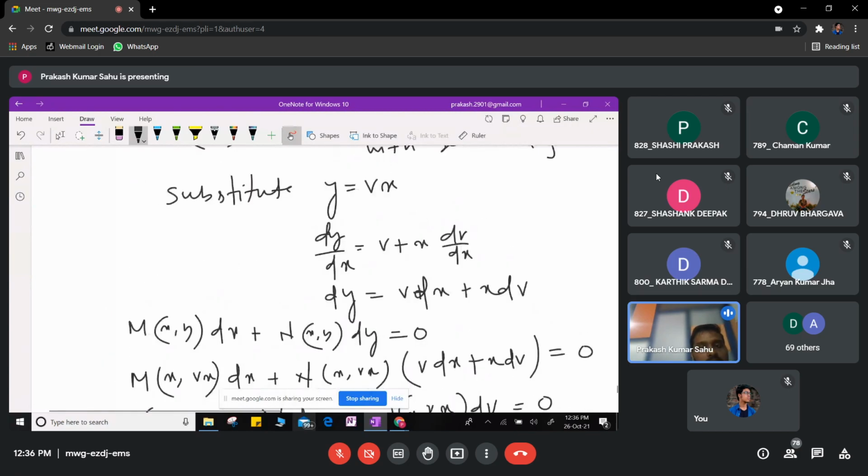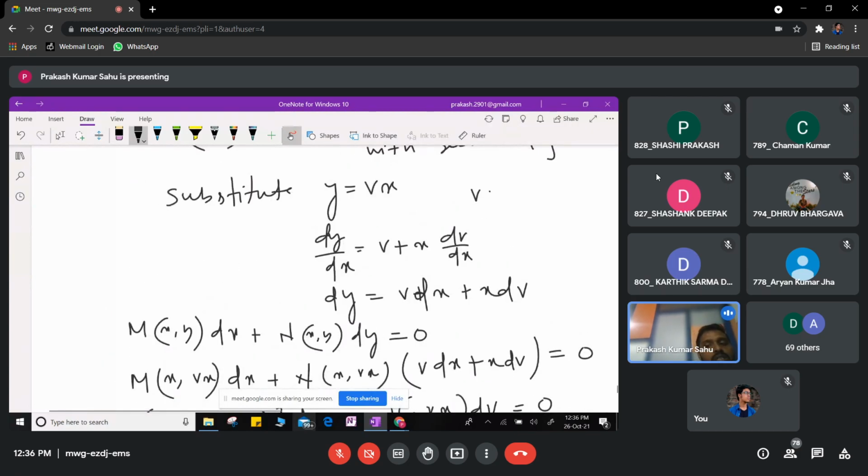And here v is a function of x, the dependent variable.